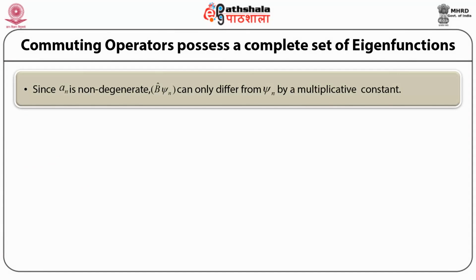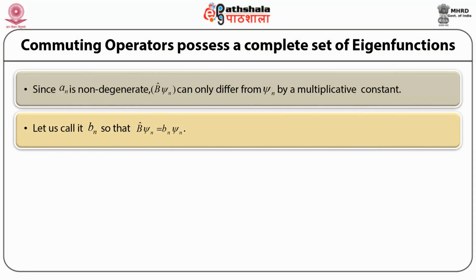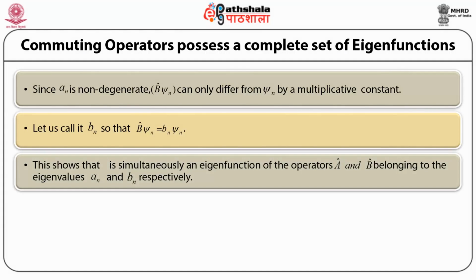Since An is non-degenerate, operator B acting on psi n can only differ from psi n by a multiplicative constant. Let us call it Bn, so that operator B acting on psi n is equal to Bn psi n. This shows that psi n is simultaneously an eigenfunction of the operators A and B belonging to the eigenvalues An and Bn respectively.